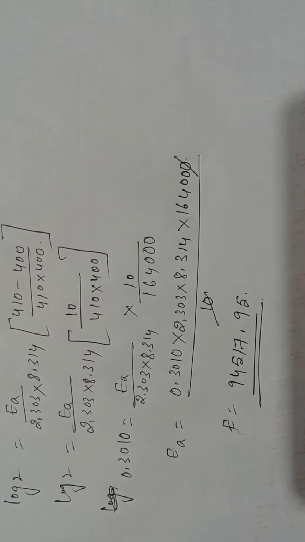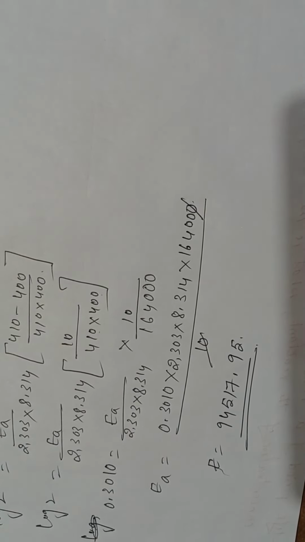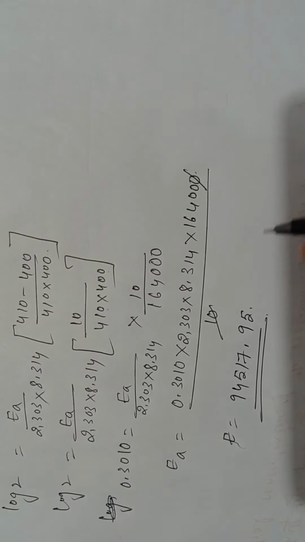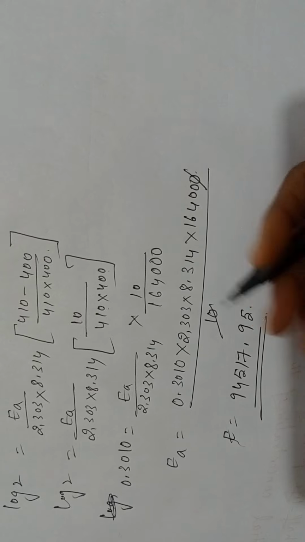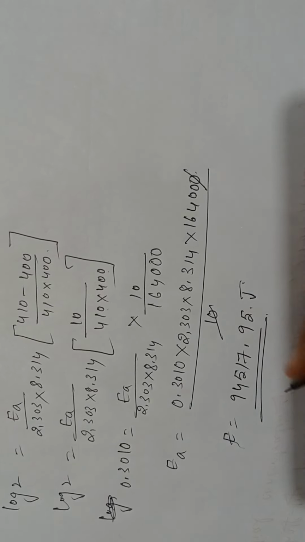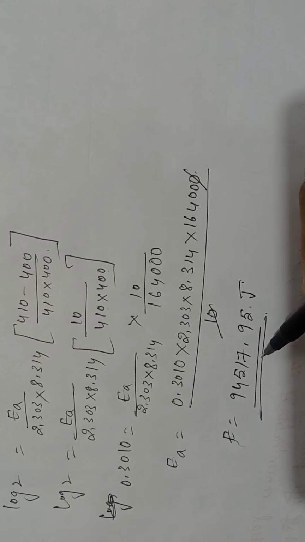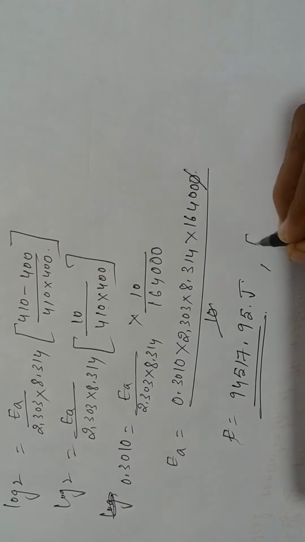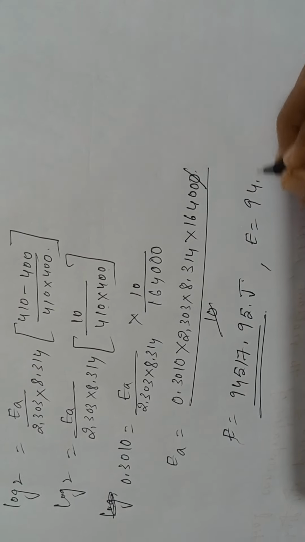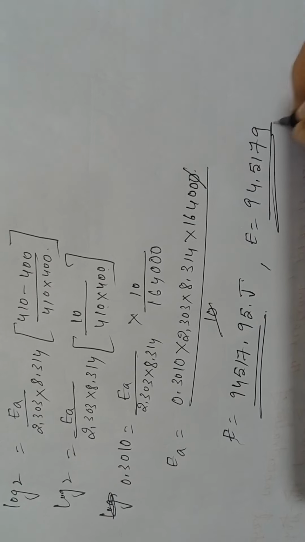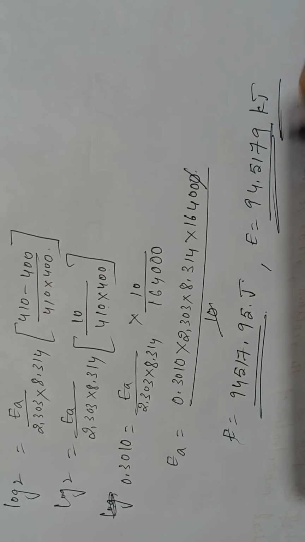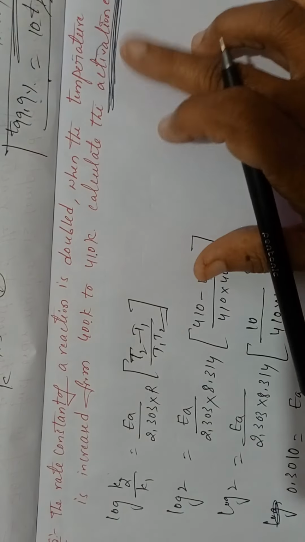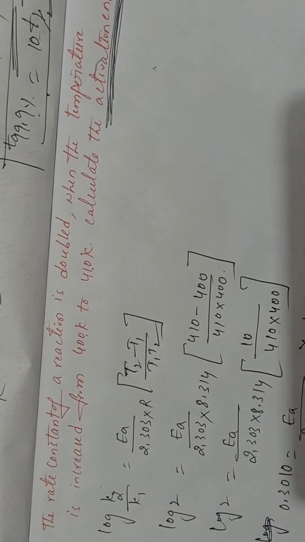So this is the activation energy, students. This is in joules. In kilojoules, you divide by 1000, and you will get 94.5179. This is the answer, now in kilojoules. Understanding, students? So like this you have to find the activation energy.